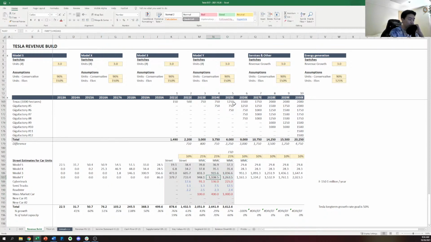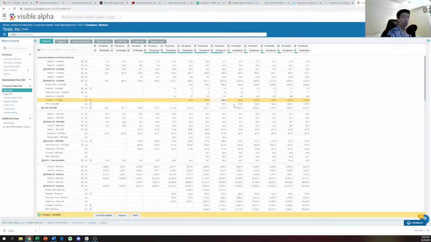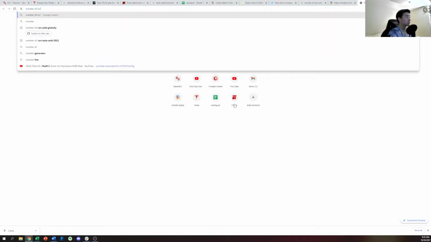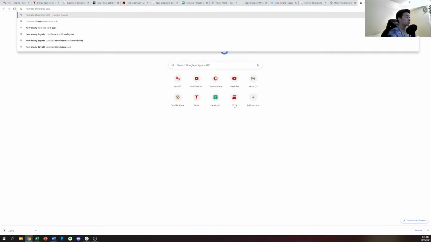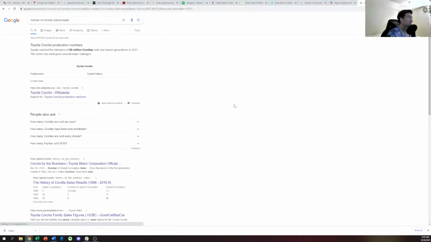225. How can you make this faster while still having some logic behind everything? 37% number of units. We need this number. Number of Corollas sold. I forgot what this number was.